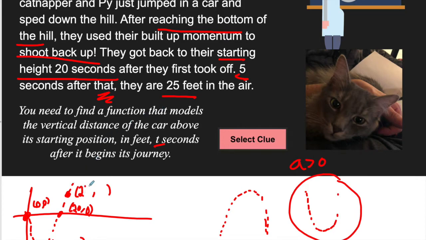So this would have to be 25, and this would have to be 25. So let's take a look and see what we can figure out. Also, what can we figure out about the vertex? We could say that the x is 10, but I don't necessarily know right now that there is an easy way to figure out the y. Ordinarily, we would plug it in, but we don't have anything to plug it into. That's the issue, okay?